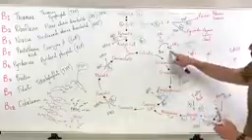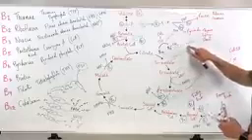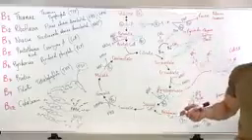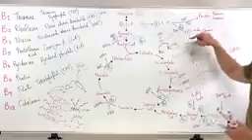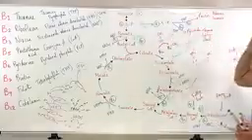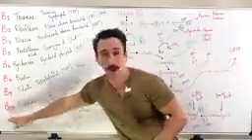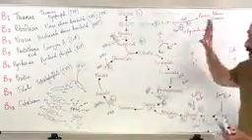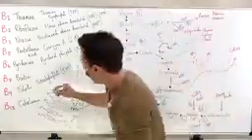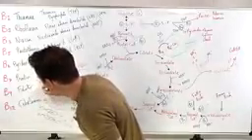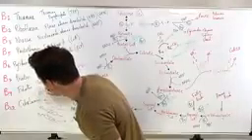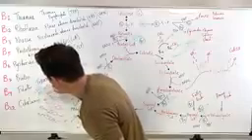And in doing so, it frees up tetrahydrofolate to work in DNA and RNA synthesis, which means both B9 and B12 are important in DNA and RNA synthesis. Let's write it down. Both are important in DNA and RNA synthesis.